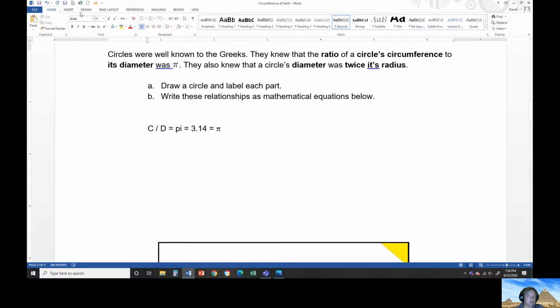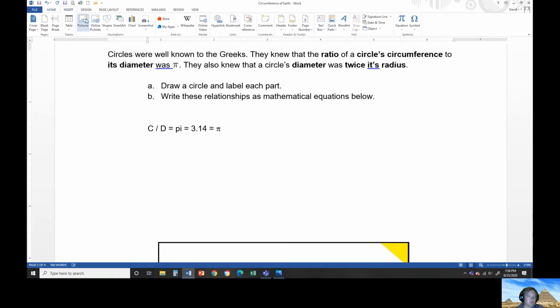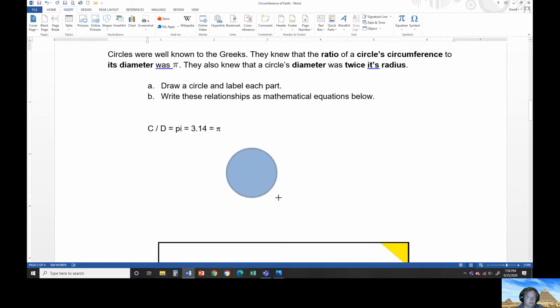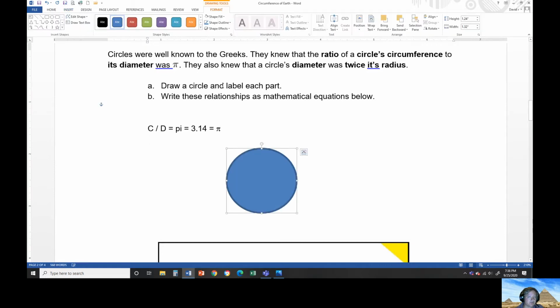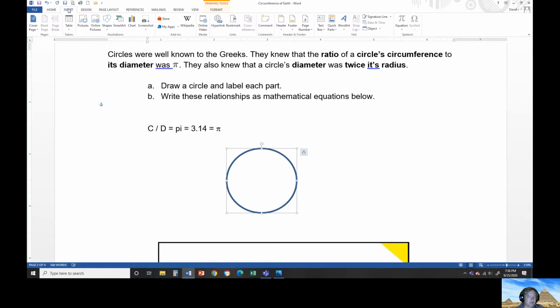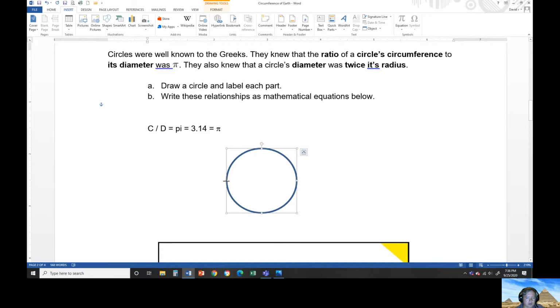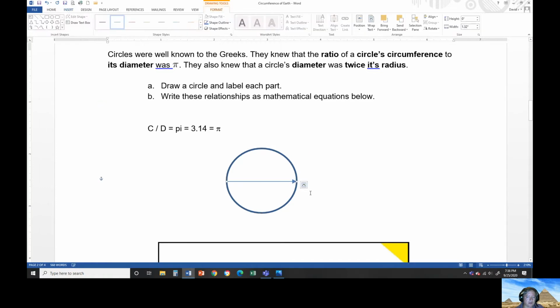So if I insert a circle, go to shapes, and here we go. I'm not going to put anything on the inside. So the circumference is everything on the outside. The diameter is from one side of the circle through the center directly to the other.